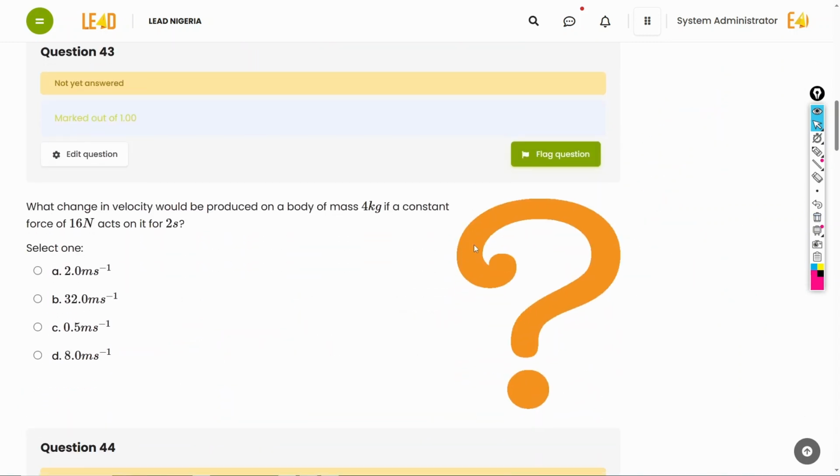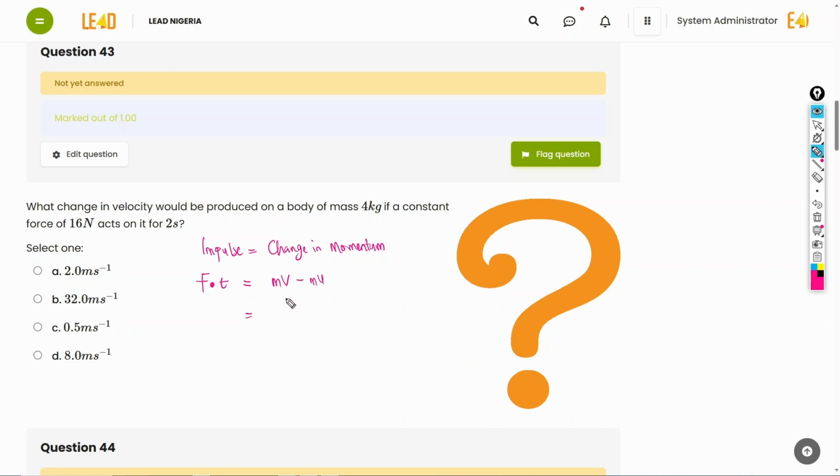43. What change in velocity will be produced on a body of mass 4 kg if a constant force of 16 newtons acts on it for 2 seconds? For this, we're going to use impulse is equal to change in momentum. That's F times change in t. F times t is equal to the change in momentum, which is mv minus mu.